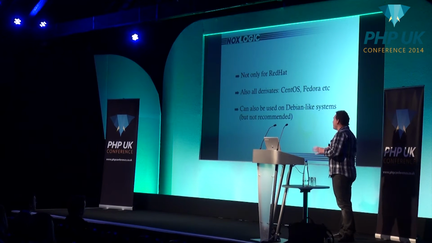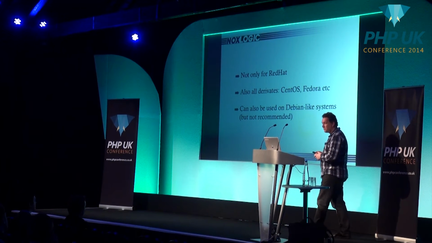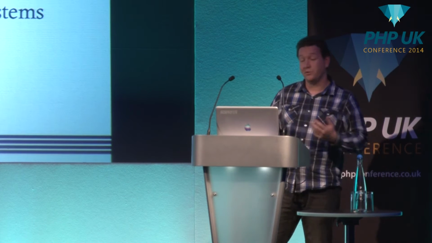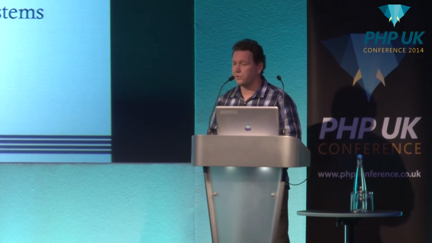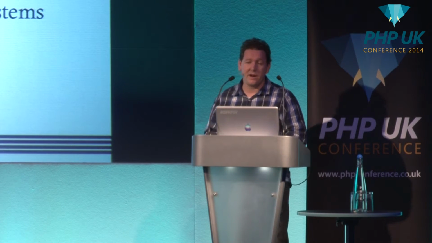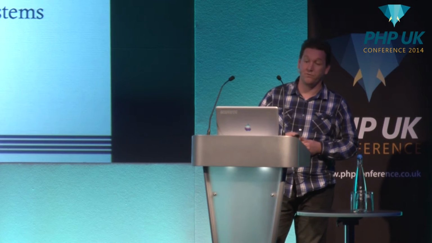You could use RPMs on those systems as well, although I wouldn't really recommend it because it's quite a different infrastructure and it will make things a little bit more difficult. You can actually convert RPM packages to Debian packages with tools like Alien, but I wouldn't recommend it unless you really know what you're doing.